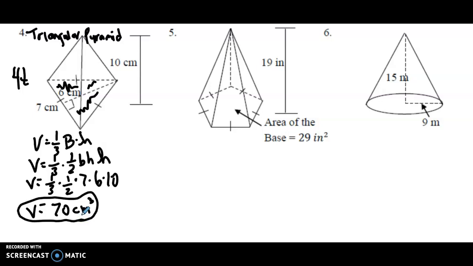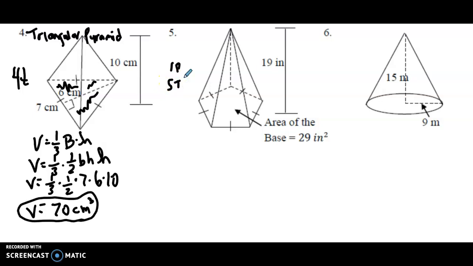All right, number 5. I'm looking at my shapes, and down here I see that this is 5-sided, so that's a pentagon. And then triangles 1, 2, 3, 4 in the back, 5 in the back, so that's 5 triangles.